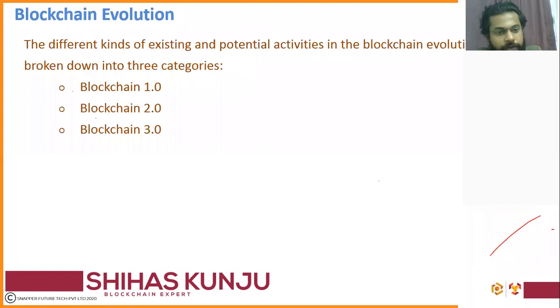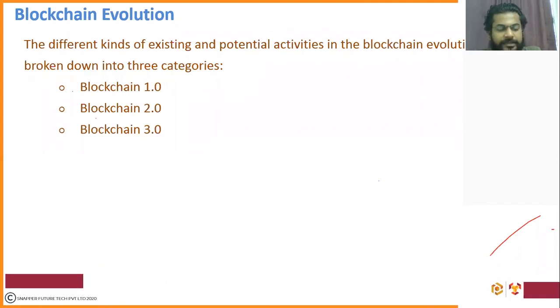enterprises with real-life use cases, such as supply chain, banking, finance, healthcare, e-governance: these are the different domains that started to adopt blockchain technology, and that happened in 3.0. Okay. And Hyperledger, I haven't put it here, but Hyperledger is one of the blockchain platforms.